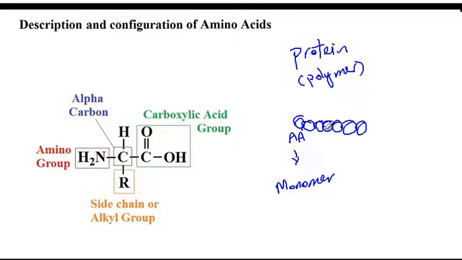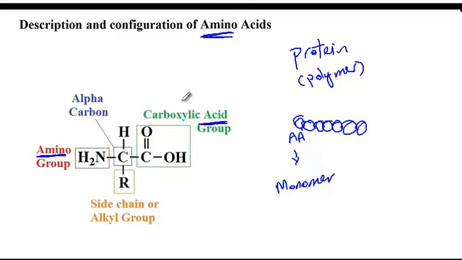Now there are 20 different amino acids out there, but all of them have a similar generic structure, which is shown here in this image. So all amino acids have an alpha carbon that is bound to an amino group on one end, here we have the NH2, and bound to a carboxylic acid group on the other end. And since there is both an amino group and a carboxylic acid group, we call these structures amino acids.